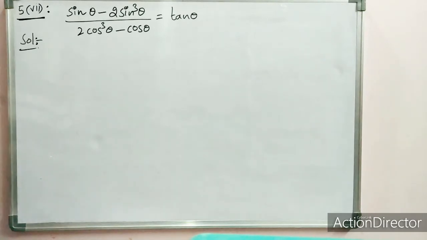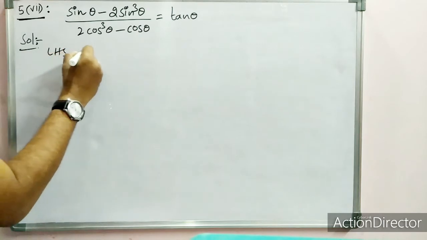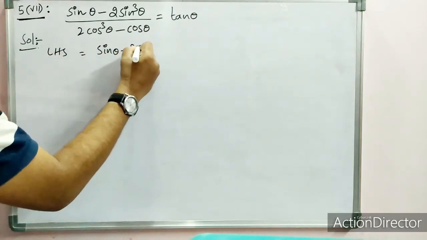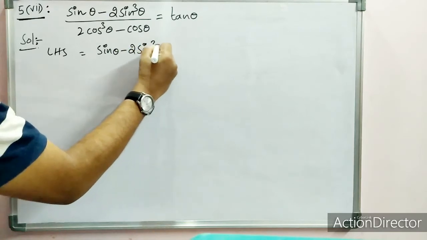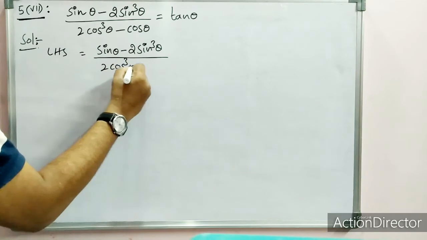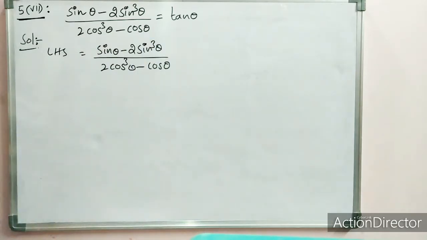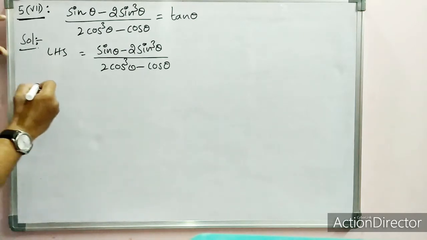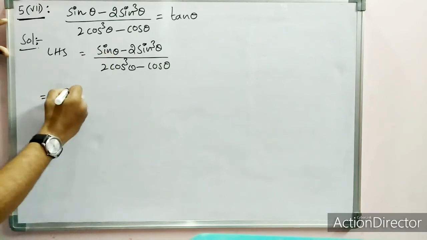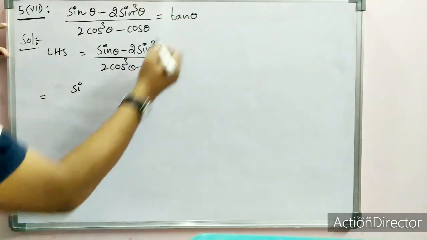Now this is one more identity to prove. Take LHS here. It will become (sin theta minus 2 sin cube theta) by (2 cos cube theta minus cos theta). Here the note is we have to divide numerator and denominator by cos theta, because we have the answer in terms of tan.